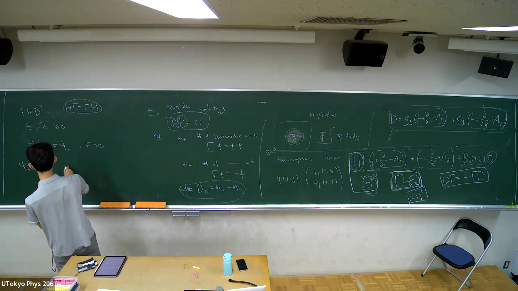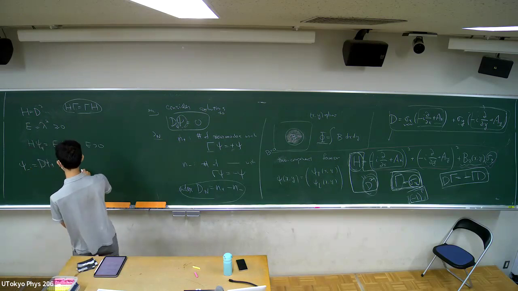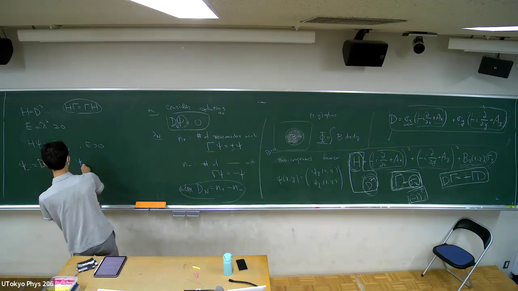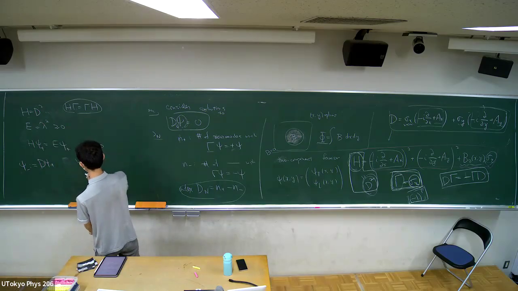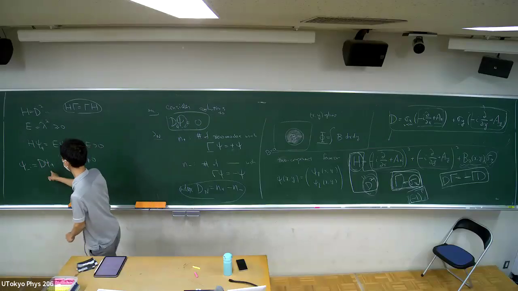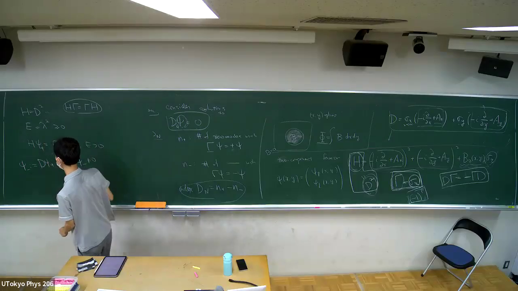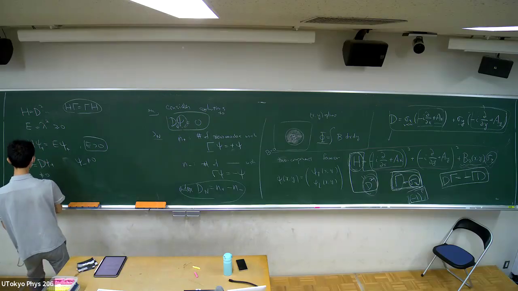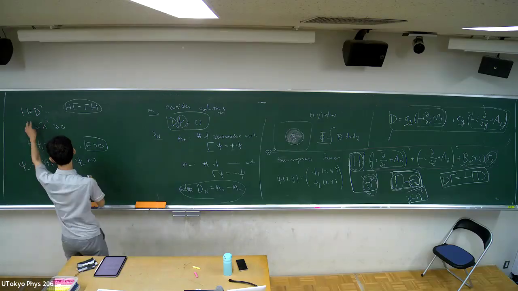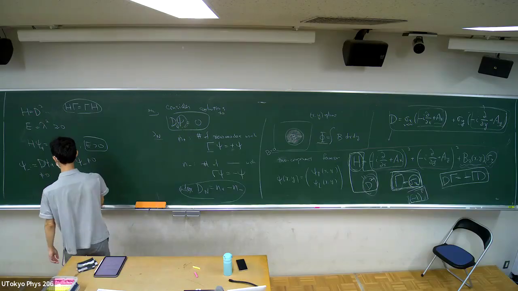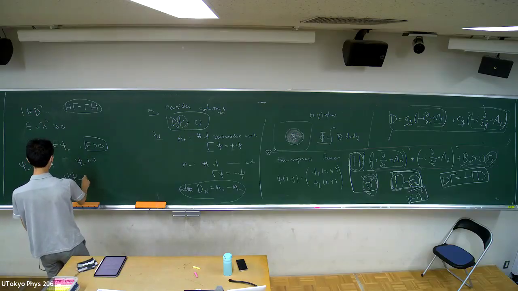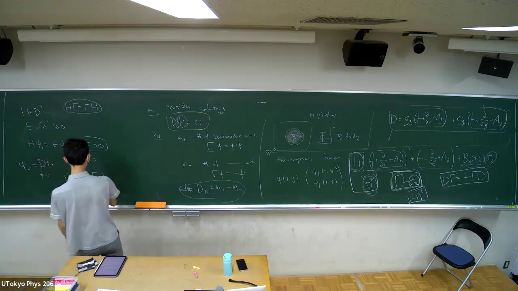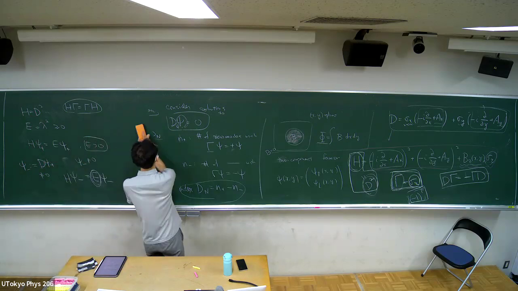And psi minus cannot be 0, right? If it's 0, then applying D again, you get 0. That contradicts with E assumed to be positive. Therefore, this is non-zero. And because H and D commute, because H is D squared, psi minus is also an eigenstate with the same energy E.